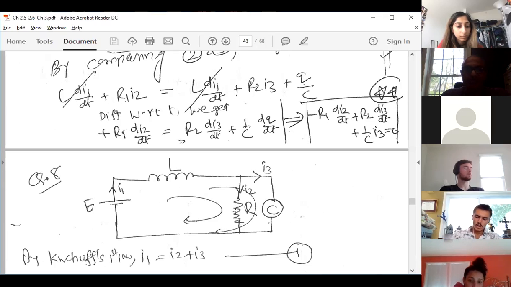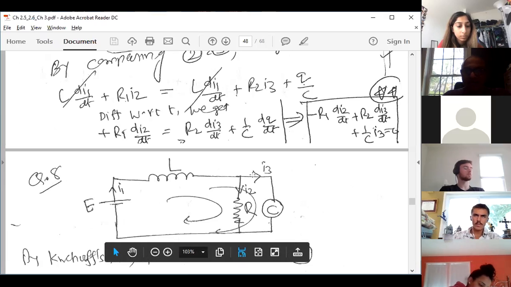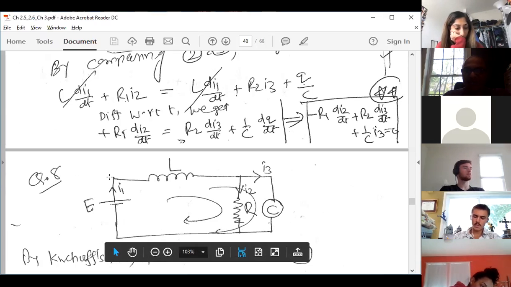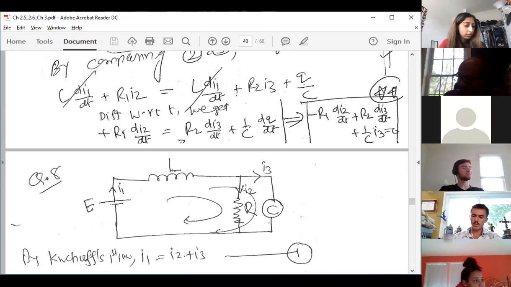My second loop, that is A, B, D, F, H, A. So again, it passes through L. So I can say L di1 by dt.